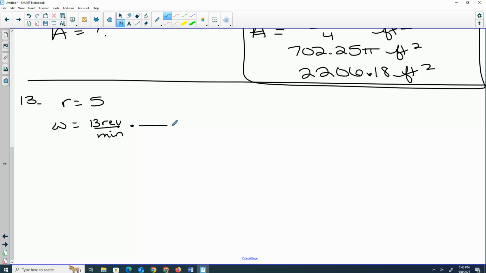We have to change our revolutions into radians. So 1 revolution is all the way around the circle, which is 2 pi radians. So if you just multiply, that's 26 pi radians per minute. You might have done it differently. You might have said your angle is 26 pi and your time is 1 minute. That would also get you there.